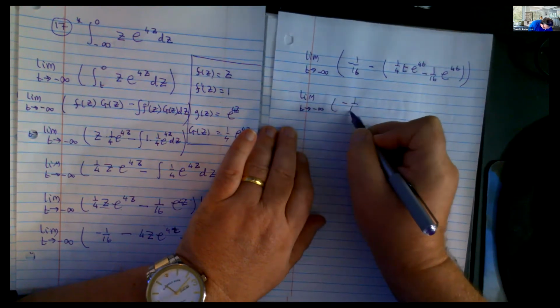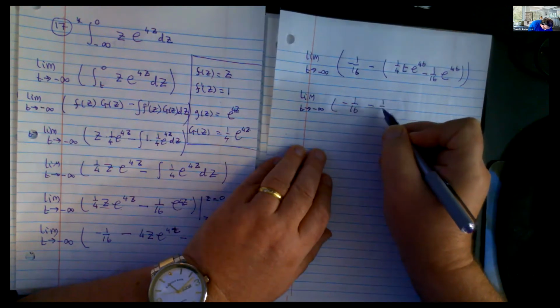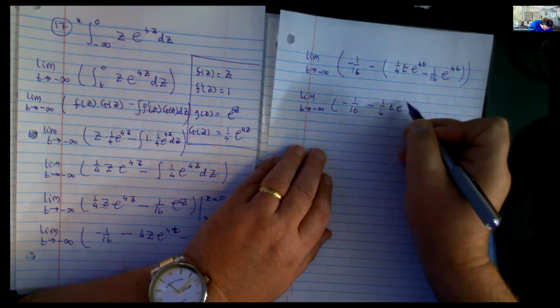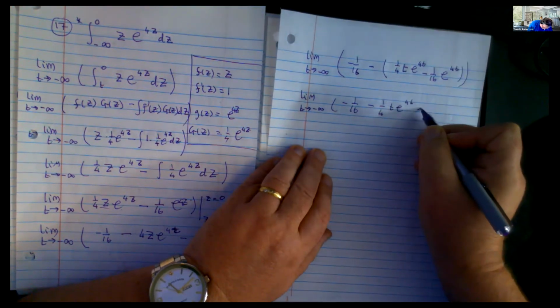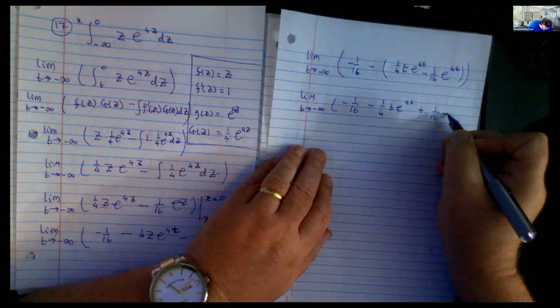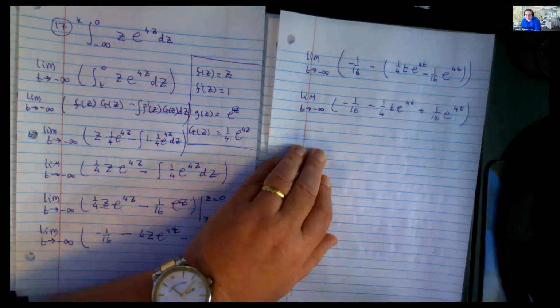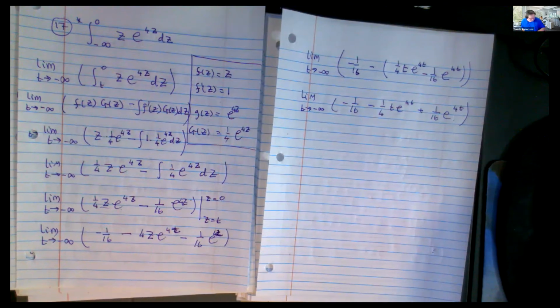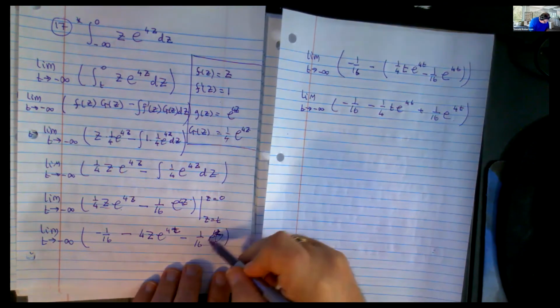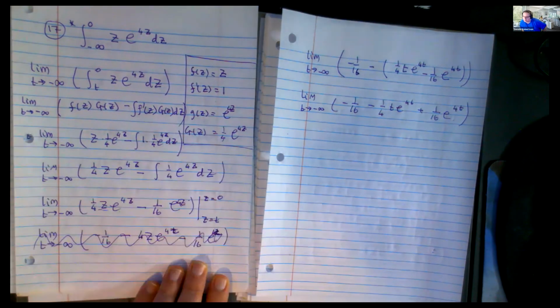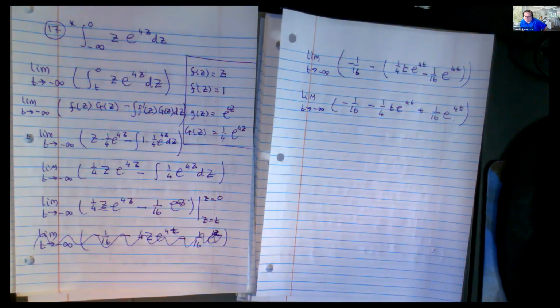Negative 1/16, negative 1/4 t e to the 4t, and plus 1/16 e to the 4t. Okay, we kill that line. Are we now happy with where we are? We comfortable? Right. Now things are going to take a rather nasty little side turn.